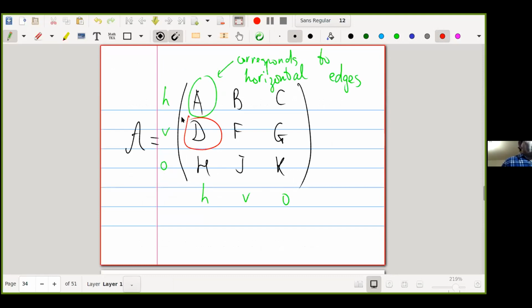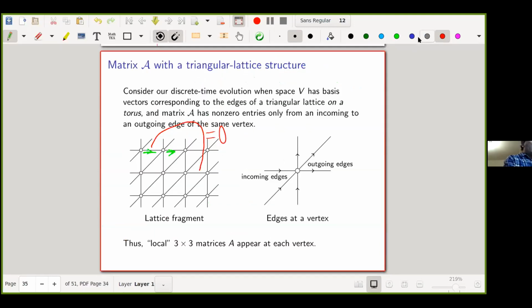It acts from horizontal to vertical, yes. And for this D, if horizontal is here, then vertical may be only here. Otherwise, its matrix entry is 0. So consider such reduction of my dynamical system.